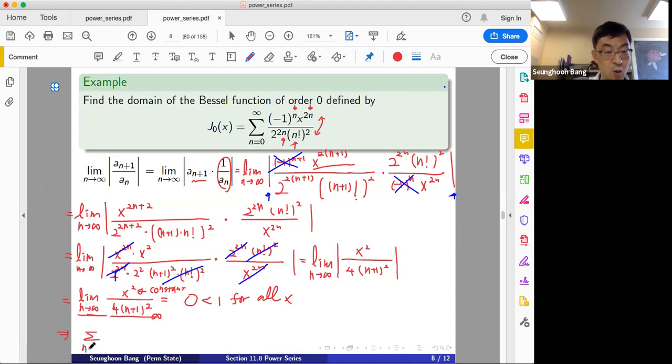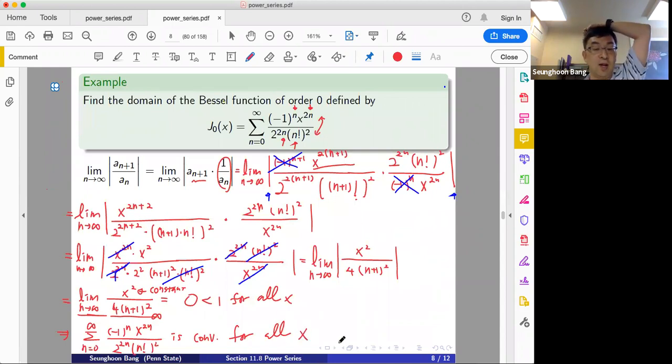The summation n equals 0 to infinity of (-1)^n x^(2n) over 2^(2n) times (n factorial) squared is convergent for all x values. This is the whole idea for solving this problem.